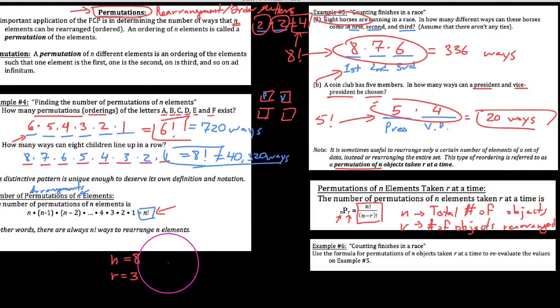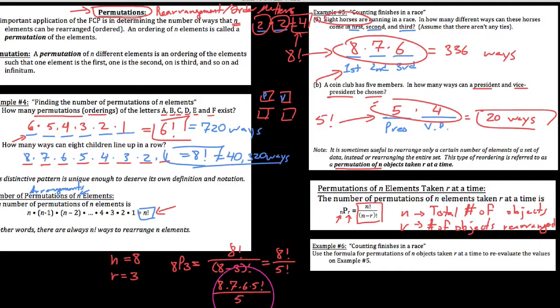So our calculation becomes 8 objects permuting 3 at a time: 8 factorial over n minus r factorial, where n is 8 and r is 3. Simplifying, we get 8 factorial over 5 factorial, which written out is 8 times 7 times 6 times 5 factorial all over 5 factorial. So the 5 factorials cancel, and you can see we get left with the same conclusion that we drew up here.